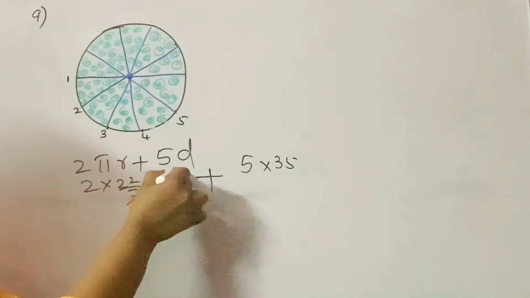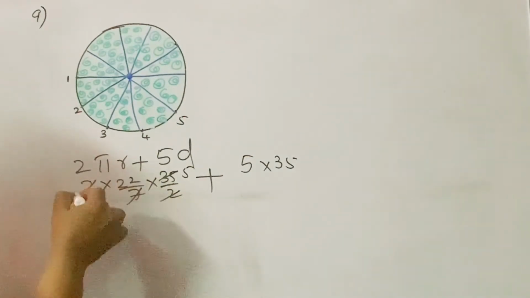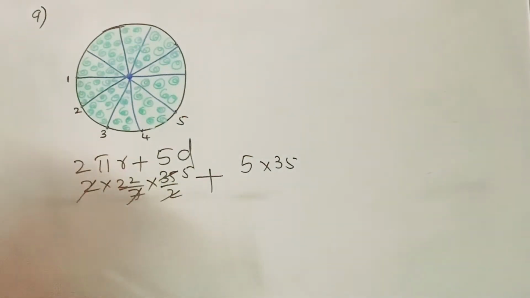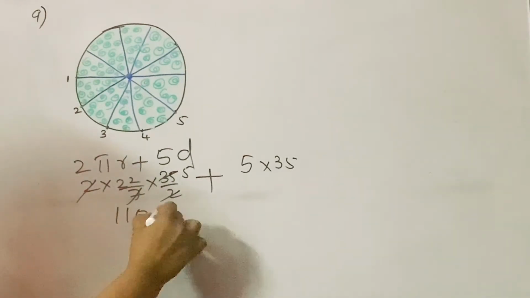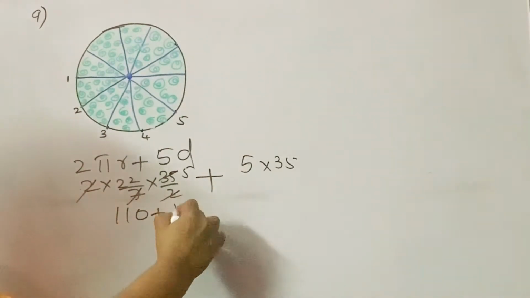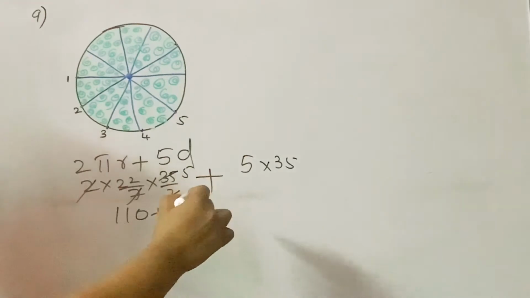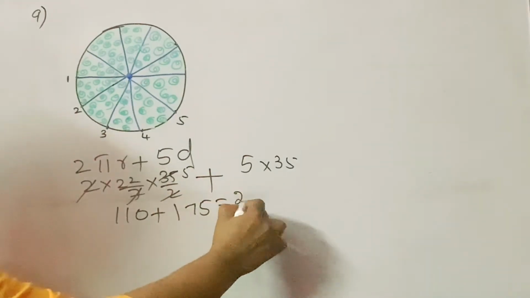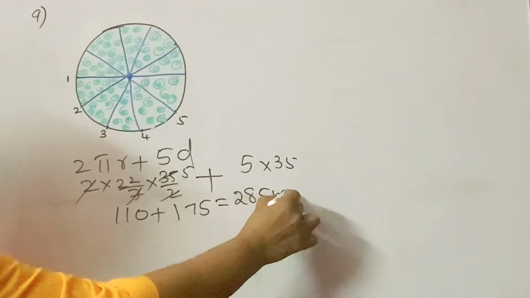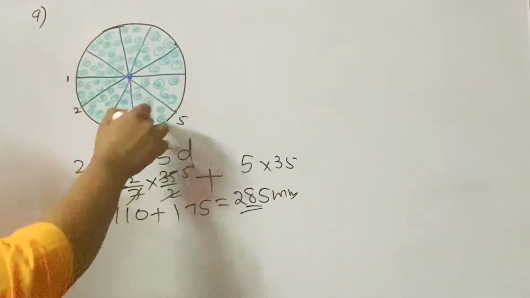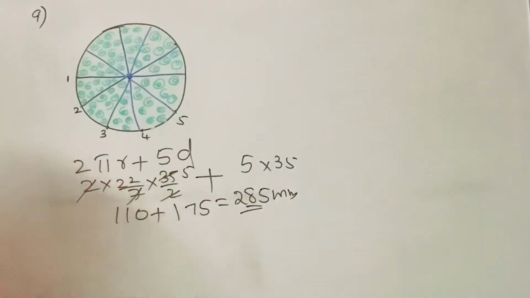Here this 5 times, this and this get cancelled, that is 110 plus 5 into 35, that is 175, that is equal to 285 millimeters. The length of the silver wire used to make the brooch is 285 millimeters.